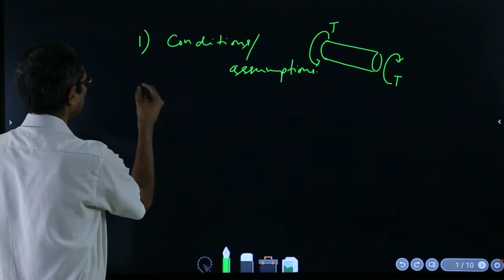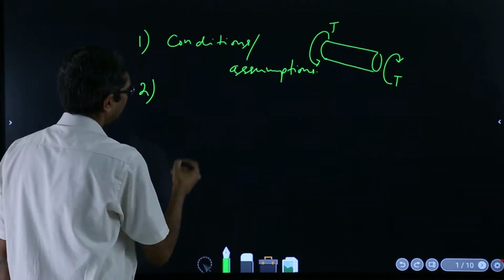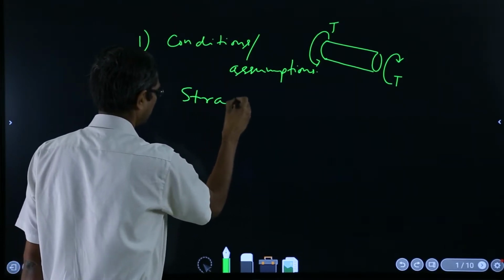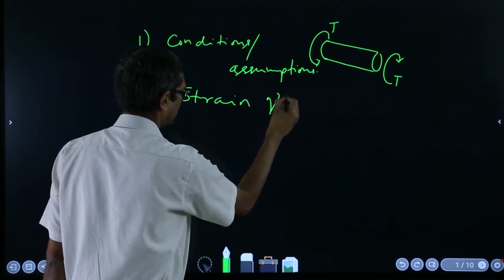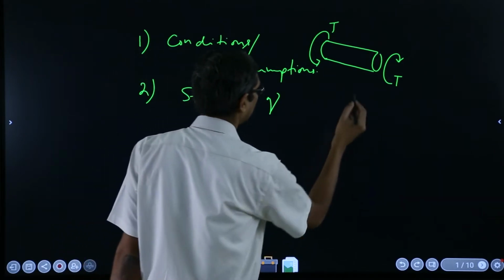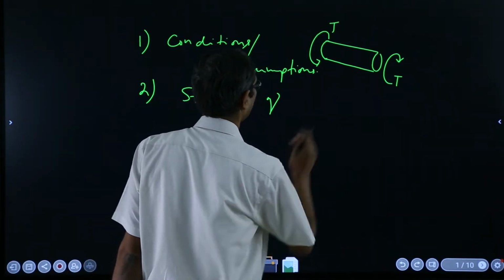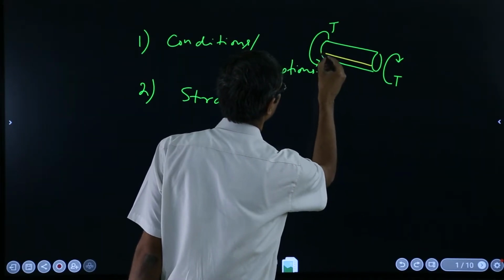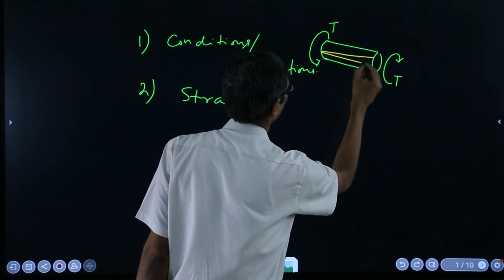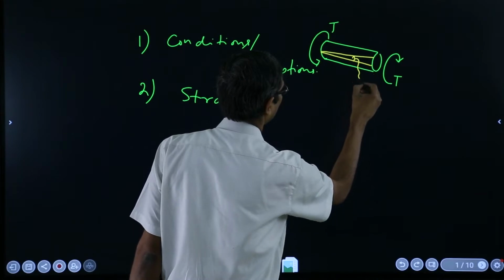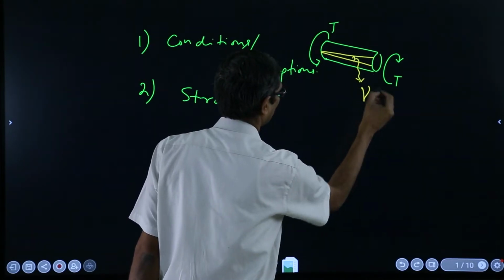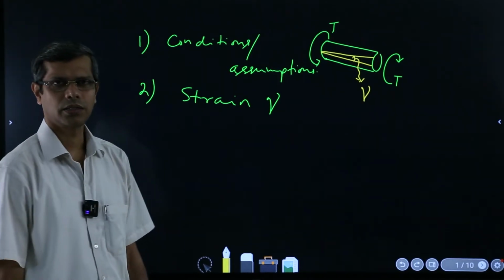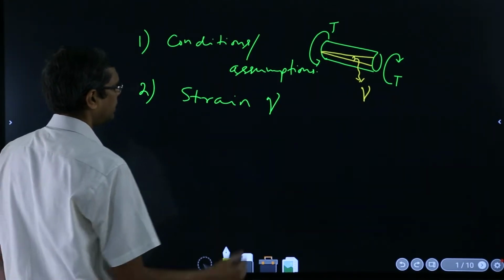And then based on that, we defined the strain, gamma. If a line was initially like that and finally became like this, this angle gamma we defined as the shear strain.